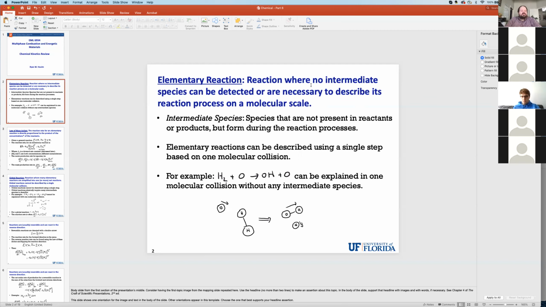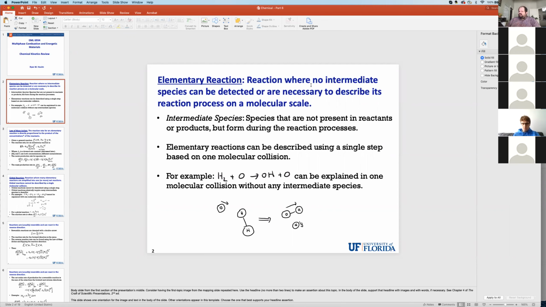Say you consider the global reaction of CH4 plus 2O2 goes to CO2 plus 2H2O. Just based on how complicated the reactants and the products are, you know that there's a whole bunch of steps occurring in between the conversion of CH4 and O2 into CO2 and H2O.